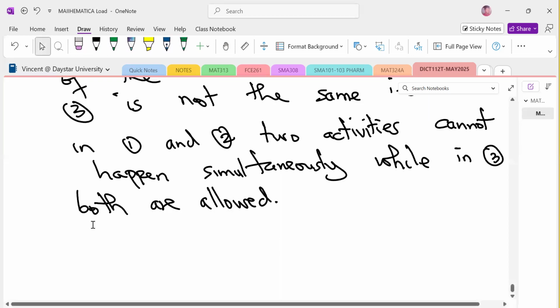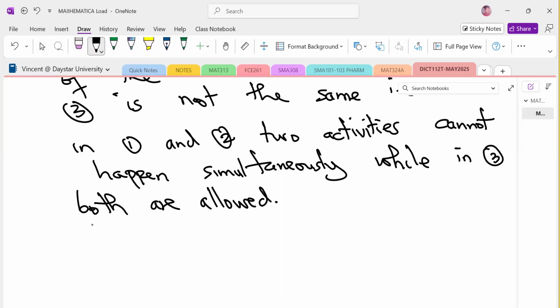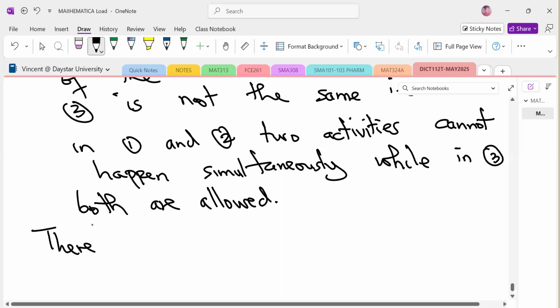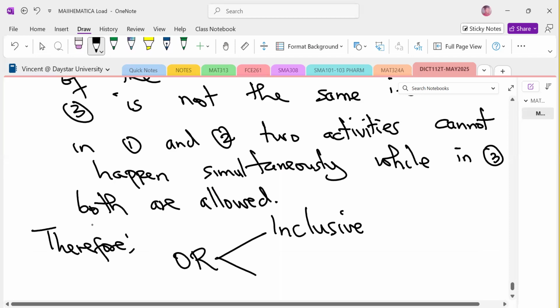Therefore, OR has two dimensions. There's what we call inclusive, and there's what we call exclusive sense.